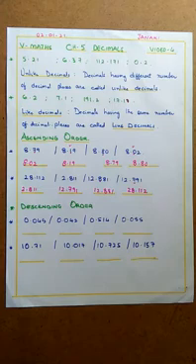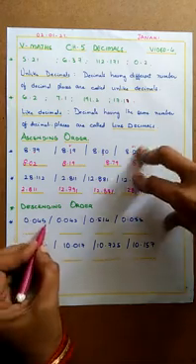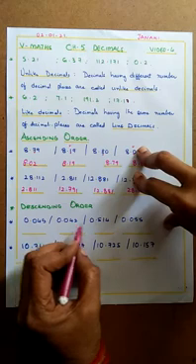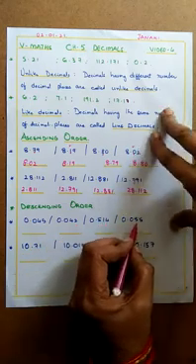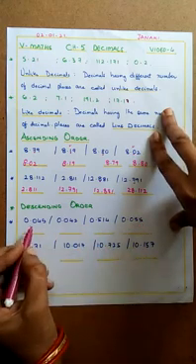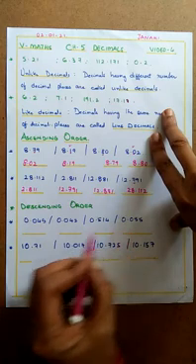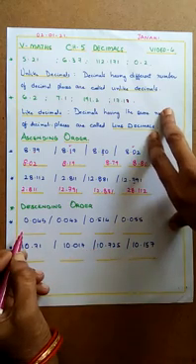Now let us move on to the descending order. 0.045, 0.042, 0.514 and 0.055. Now here the whole number part is 0. First we have to write the biggest one.